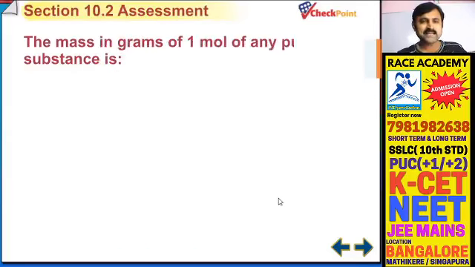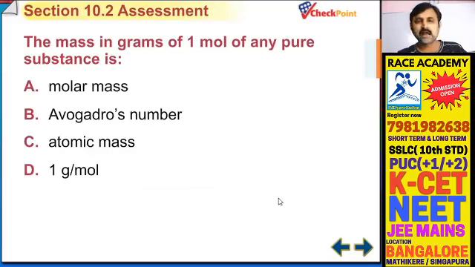Okay, we will understand using a problem now. The mass in grams of 1 mole of any pure substance is nothing but the molar mass.